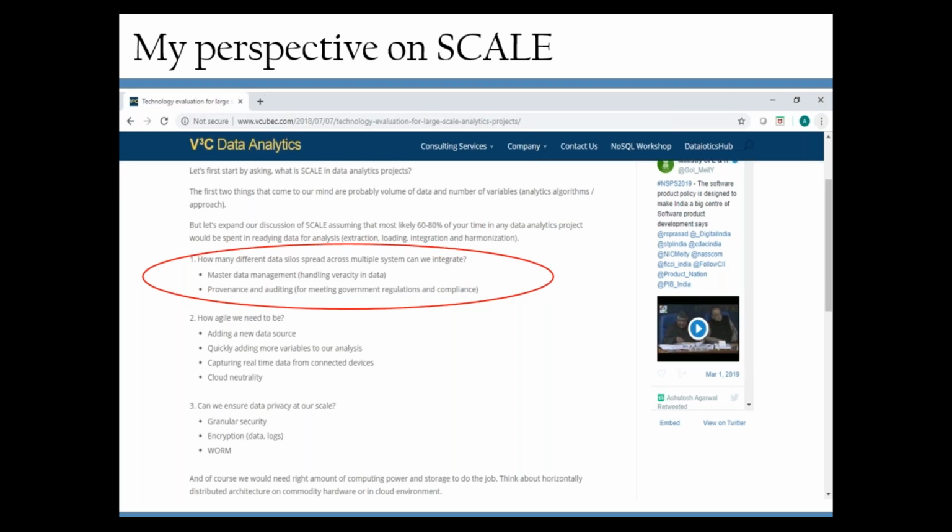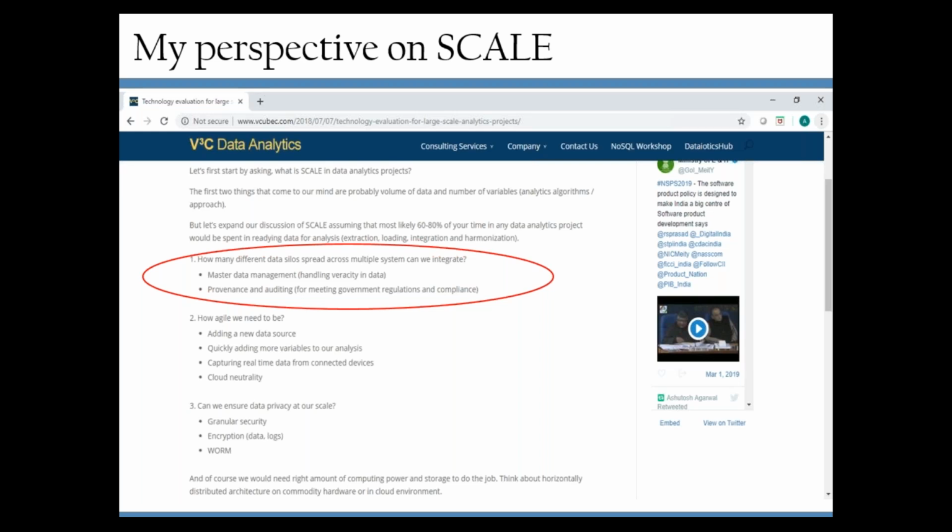Another thing is the veracity of data itself, which is master data management. Think about a global organization having 100 plus data sources, starting from real-time social media feeds, to legacy content sitting in mainframes, to data warehouses built over decades in, say, Oracle or SQL Server.